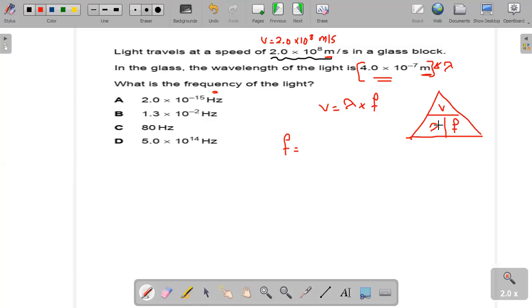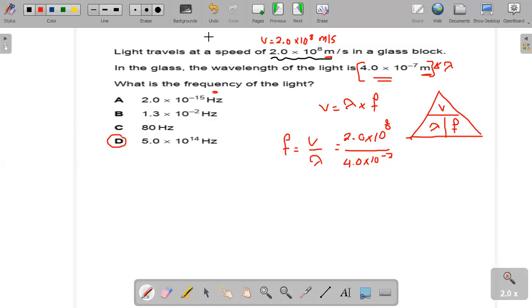The frequency equals V divided by lambda, so it equals 2 times 10 to the power of 8 divided by 4 times 10 to the power of -7. So it will be D. Right? Yes, it will be D.